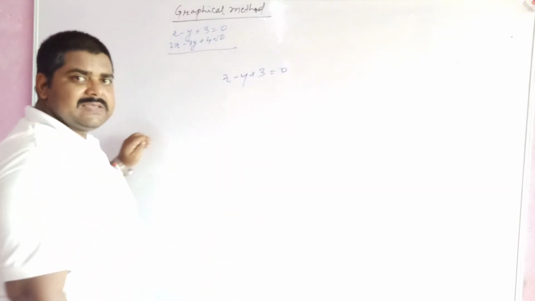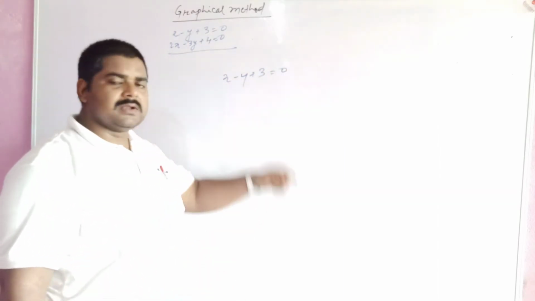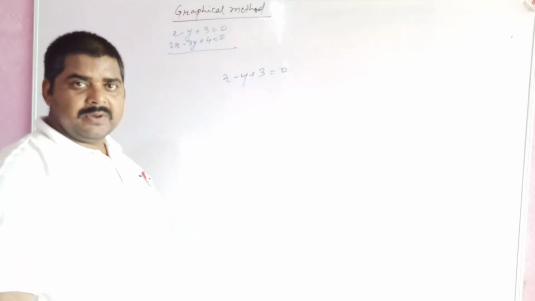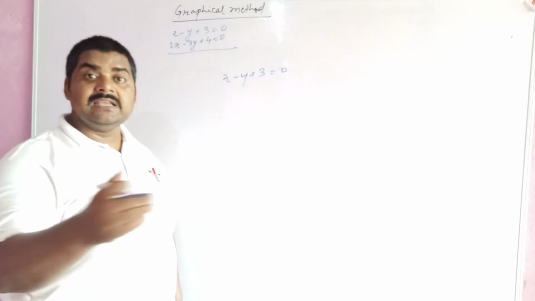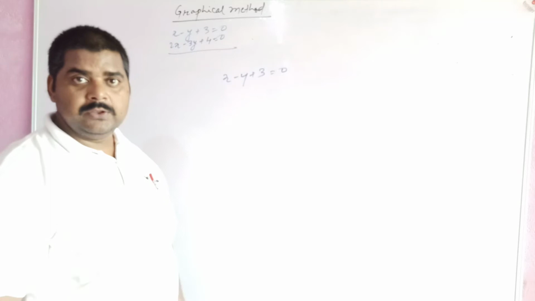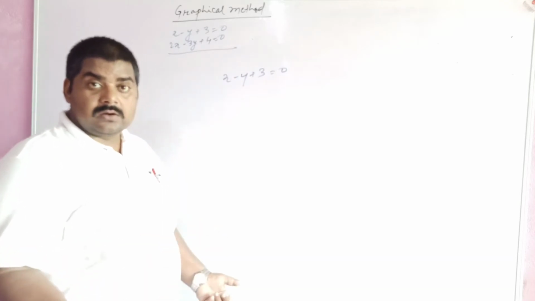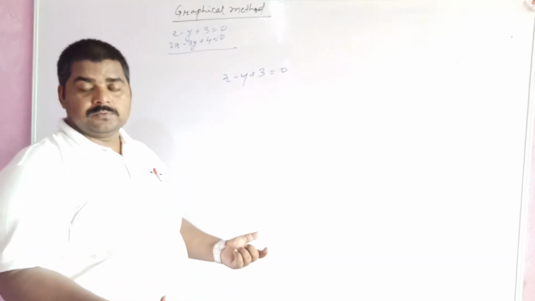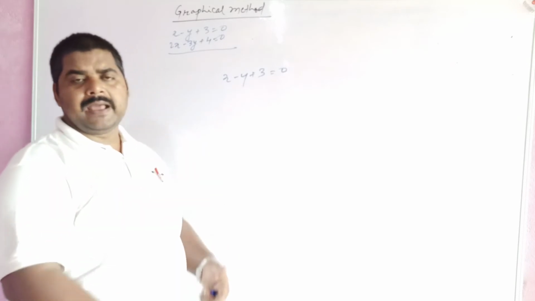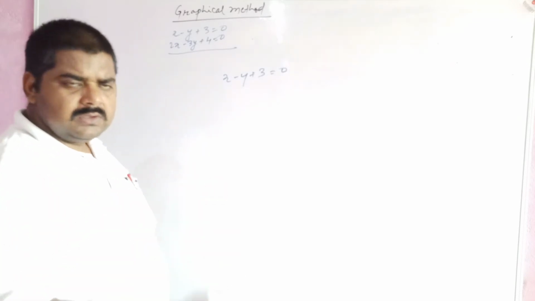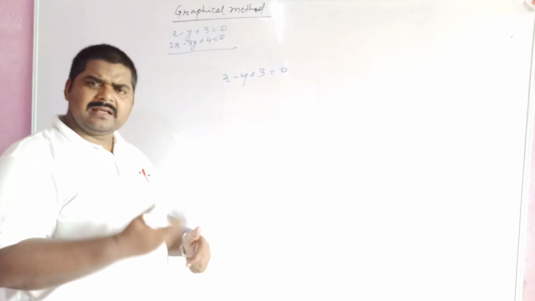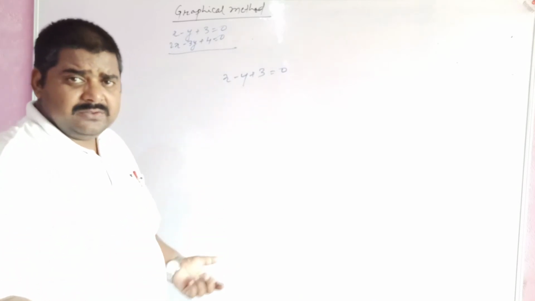This is a linear equation in two variables, and one equation has an infinite number of values, also called roots. Any one can be taken since it has infinite values.